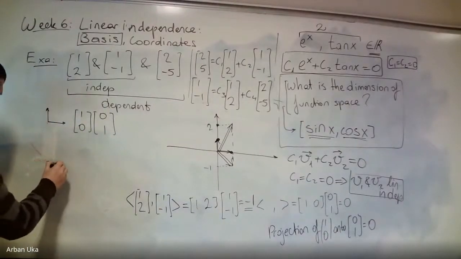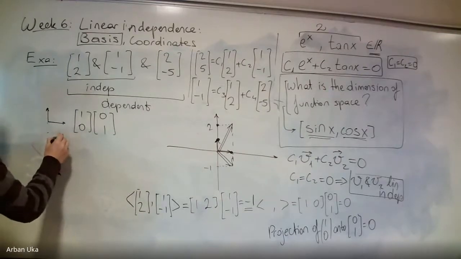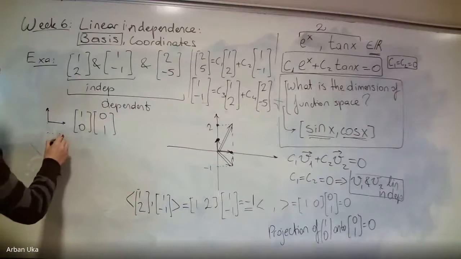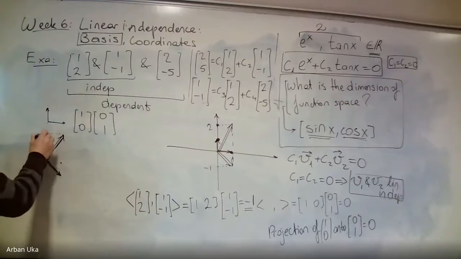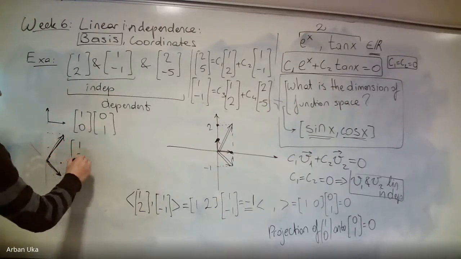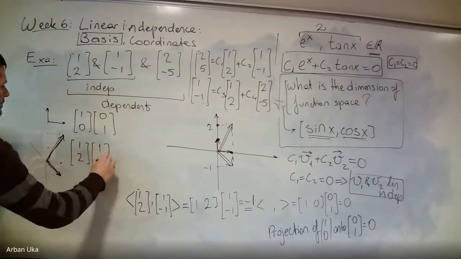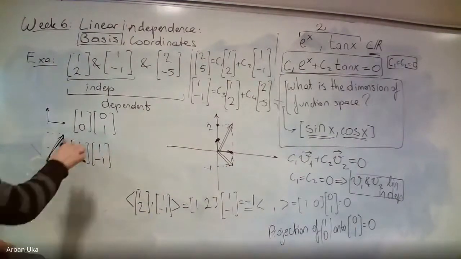So this is 1 unit here, and we go 2 units up. Yes, you are right. So this would be the basis, which is 1, 2, and 1, minus 1. It looks like this is a basis.